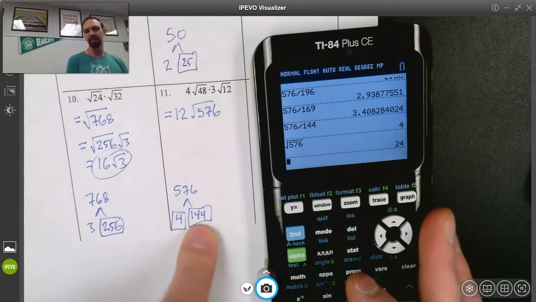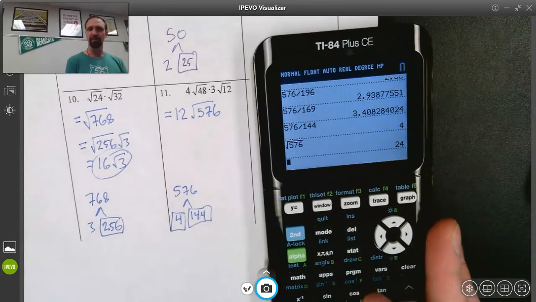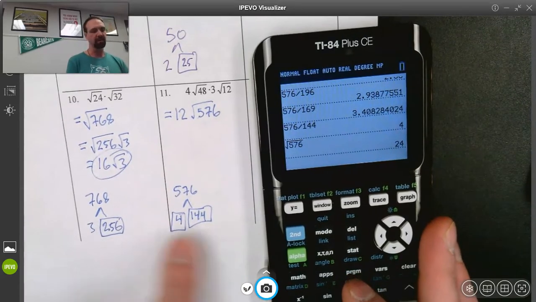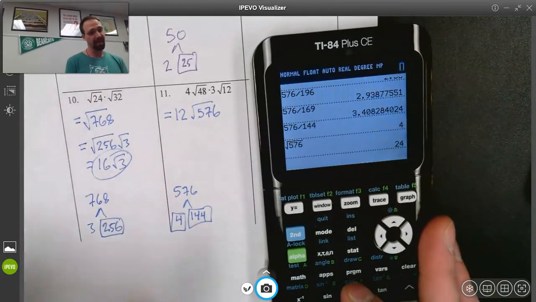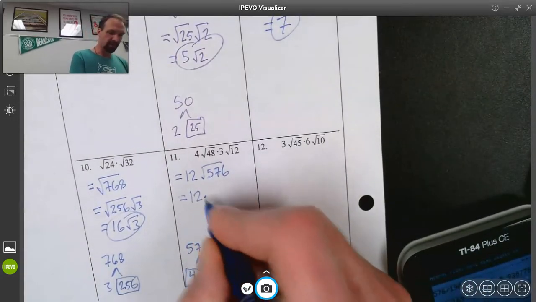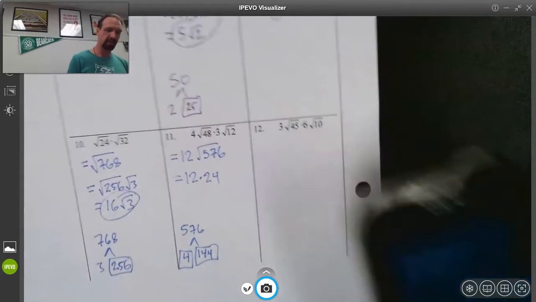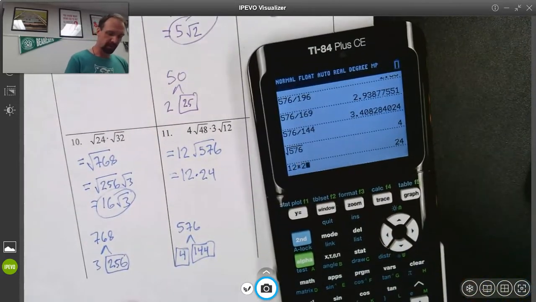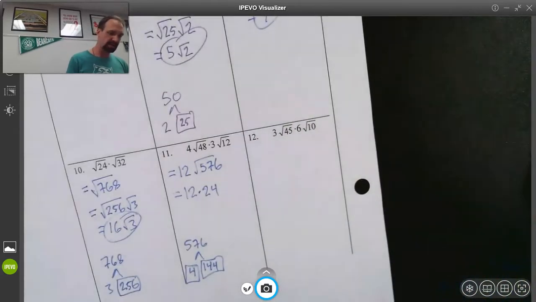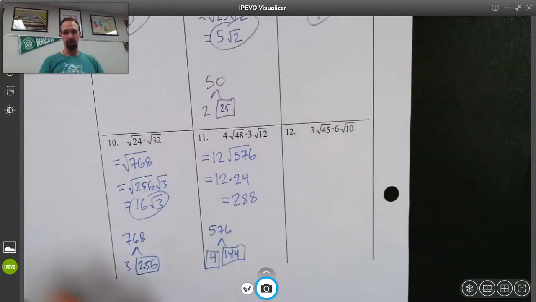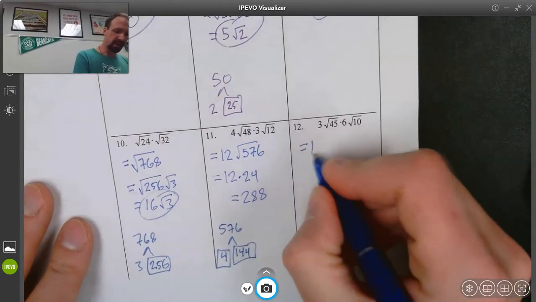Now, the reason I knew is because as soon as we got to this, I saw that 144, that's a perfect square, but so is 4. And that gave me the clue, okay, wait, both of these are perfect squares? That means that this has to be one also. So what we actually have is 12 times 24. I just showed you the square root of 576 is 24. And 12 times 24 is 288. So that's 288. And then for number 12, 3 times 6 is 18.